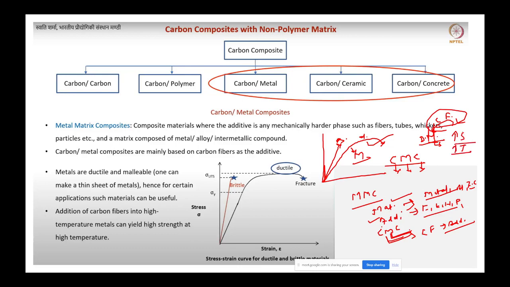So this is the perk of adding carbon fiber into the metal. You can achieve a good strength at high temperature. So in an application where you want to use your material at very high temperature, but you also need a certain specific good strength, then you can use a CMC, which is carbon metal composite.